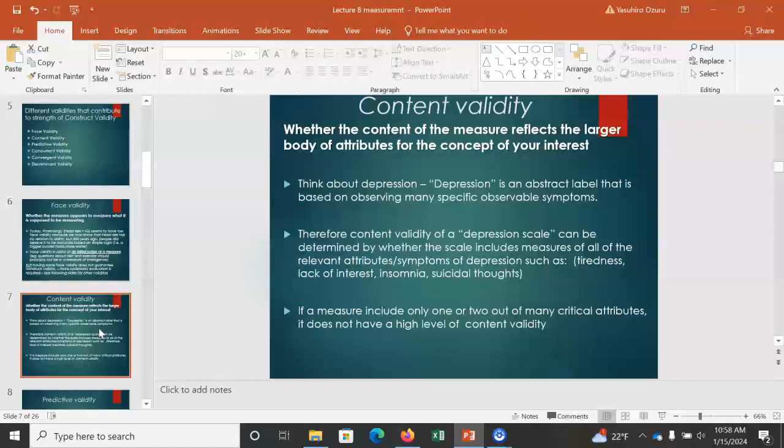Therefore, depression cannot be assessed with just a single question asking about a single thing. In order to have content validity, the depression measure needs to cover this whole universe of depression. To the extent that your entire measurement, like a questionnaire, covers all of it, it's said to have a high content validity.